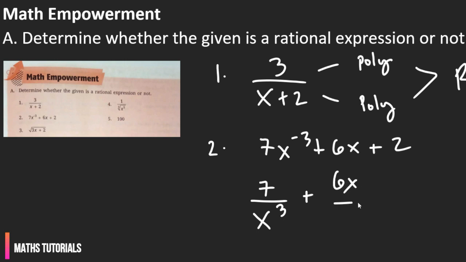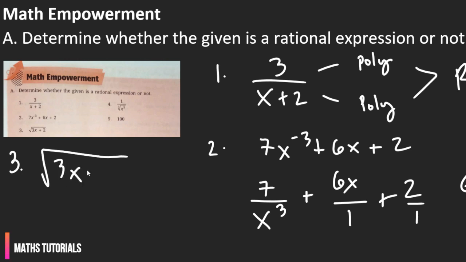And 2 is also expressed as 2 over 1. Therefore, this can be expressed as a rational expression because the terms in this expression can be expressed as fractions. Okay, so if we are going to solve this further, we will have the LCD, which is a rational polynomial.